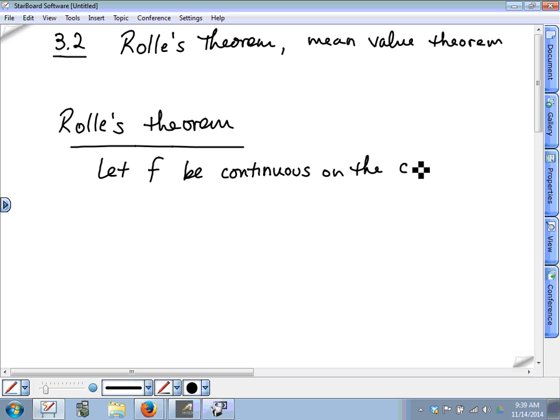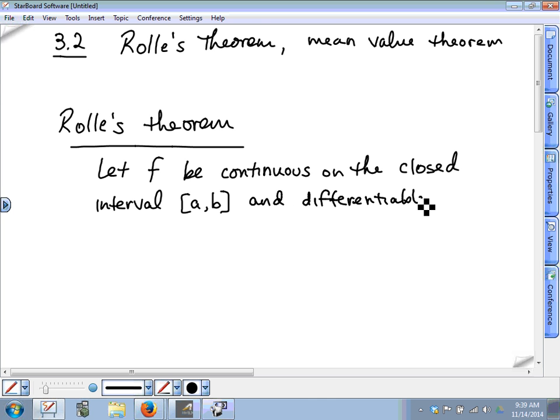Anyway, let f be continuous on the closed interval [a, b] and differentiable on the open interval (a, b).